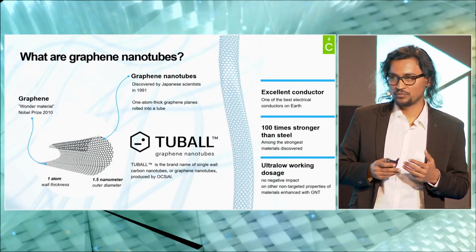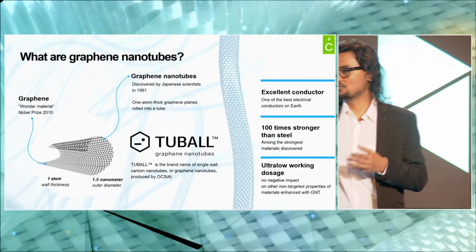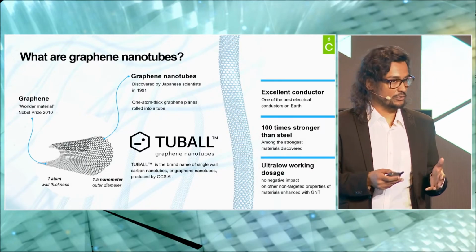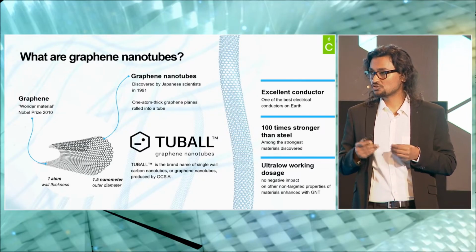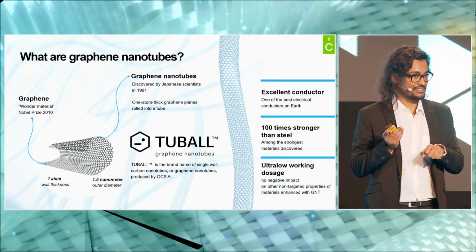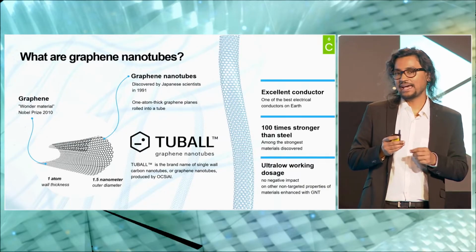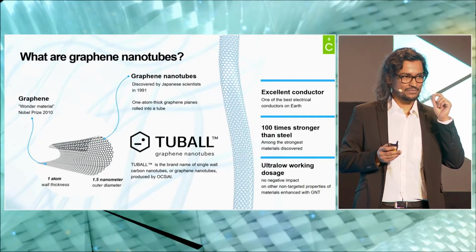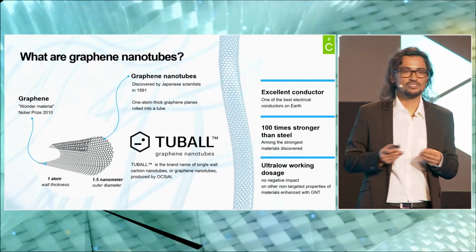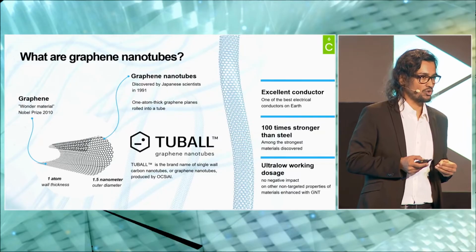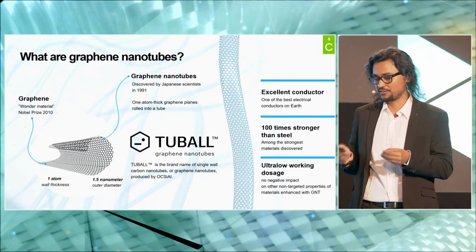For example, they are one of the most electrically conductive known molecules. They are more than 100 times stronger than steel in the tensile direction. And since they are just one atom thick, they work at extremely low dosages because there is no dead weight in single-walled carbon nanotubes or graphene tubes.